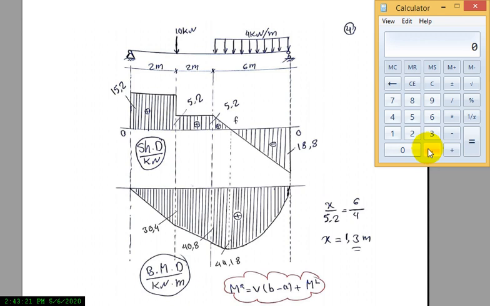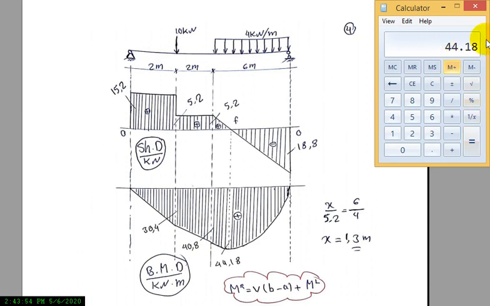And now we find the area of this triangle. According to the formula for the area of a triangle, one half, 0.5, multiplied by its length 1.3 and multiplied by this height 5.2, equals 3.38, plus the left moment 40.8.